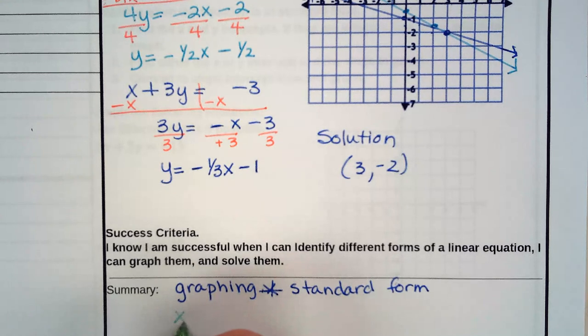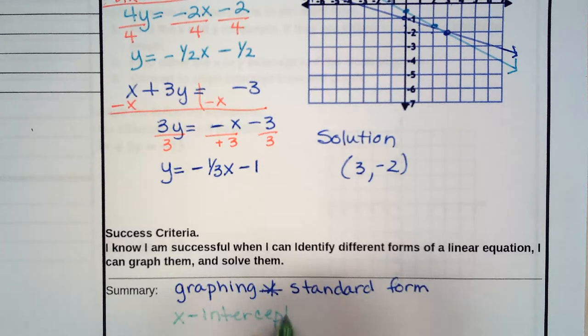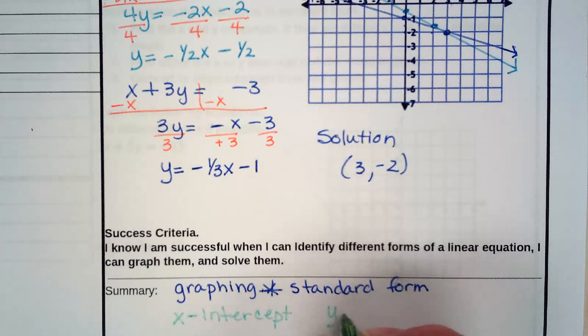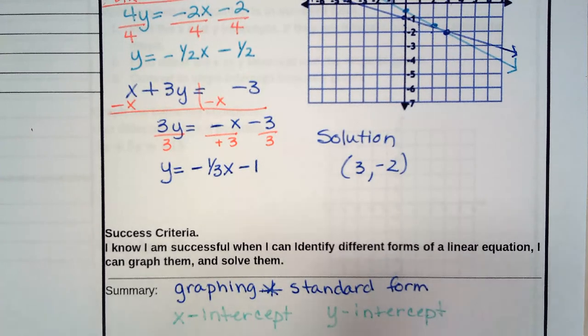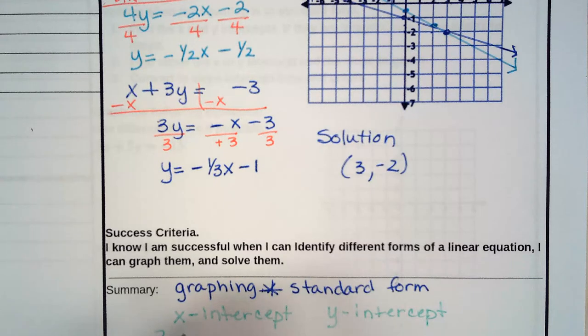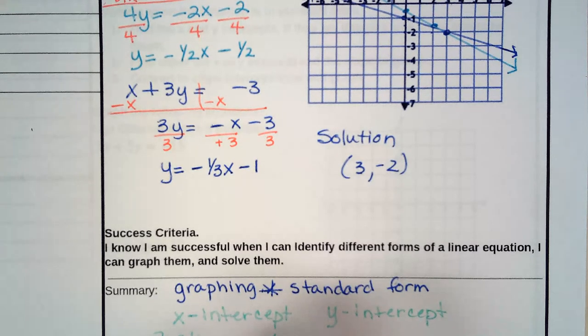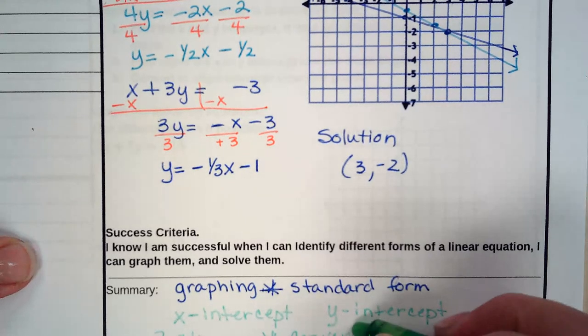X-intercept, y-intercept, maybe the slope, maybe convert it to that y equals mx plus b form.